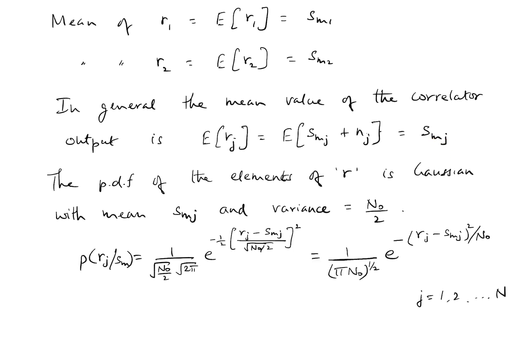With that information we can now write the conditional PDF of the received signal vector r, on the condition that a particular transmitted signal Sm has been transmitted. And we start off by writing the PDF for each element of the received vector r.